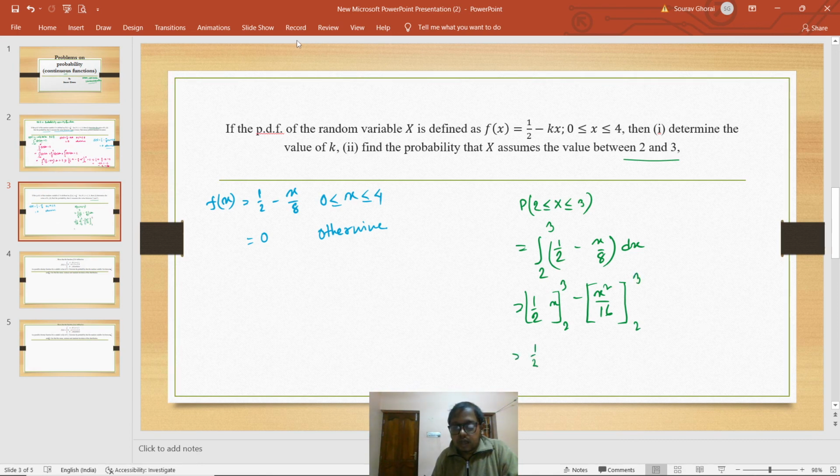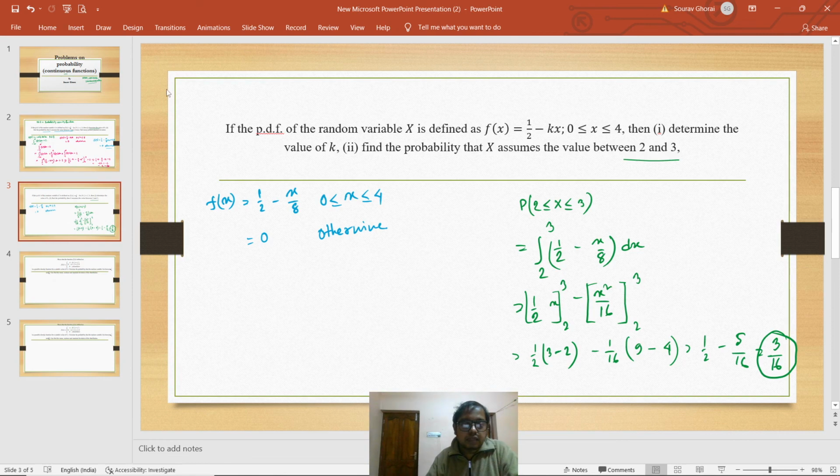We will get half of 3 minus 2, minus 1 by 16 times 9 minus 4. So this is half minus 5 by 16, and if we simplify, we get the value 3 by 16. I hope you understand how we can find the value.